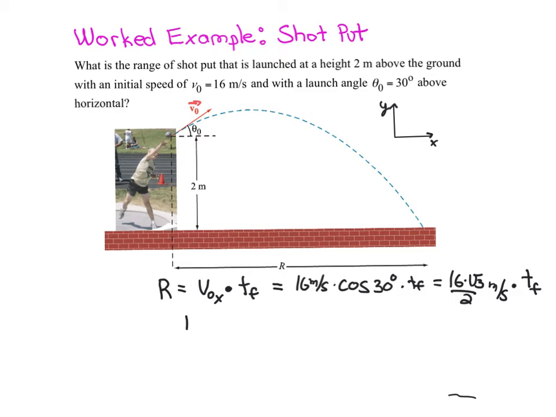Or more simply, we can write this as 8 times root 3 meters per second times t sub f. So answering the problem really just reduces to finding out how long the shot put is going to remain traveling through the air.